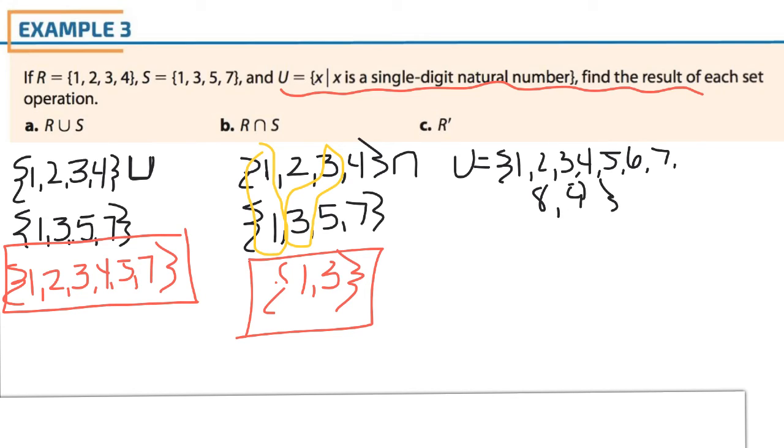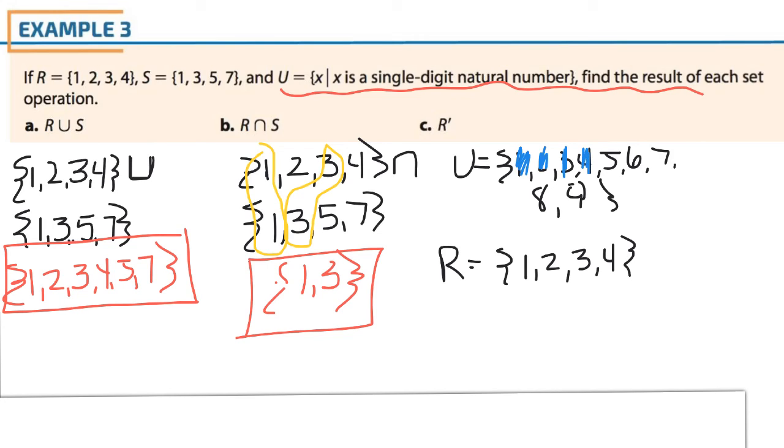And then my set R is going to have the numbers 1, 2, 3, and 4. Now if R is 1, 2, 3, and 4, what's the complement of R? So everything that's in the universal set that is not in R. So 1 is in R, go away. 2 is in R, go away. 3 is in R, go away. 4 is in R, go away.